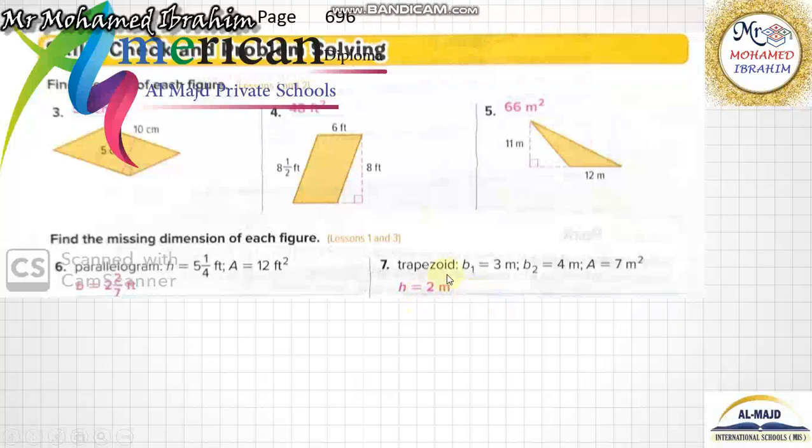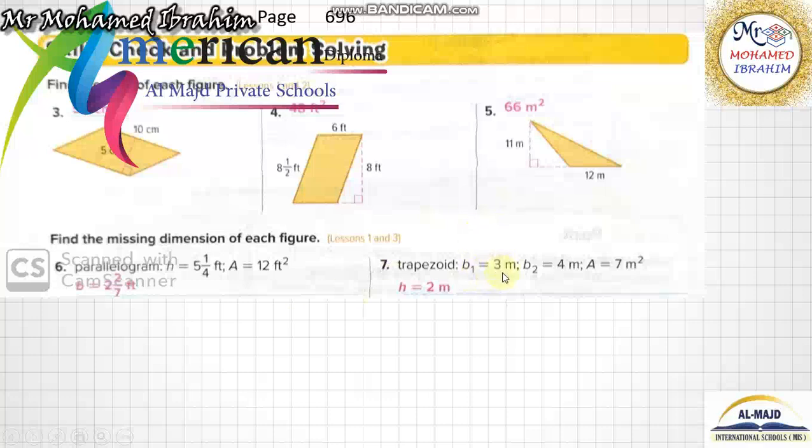Number 7, a trapezoid. The first base equals 3 meters, the second base 4 meters, and the area is 7 meters square. Find the height. What is the area of trapezoid? Very good. Sum of bases over 2 times the height.